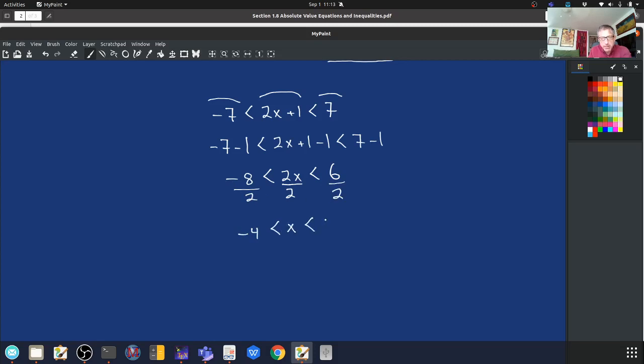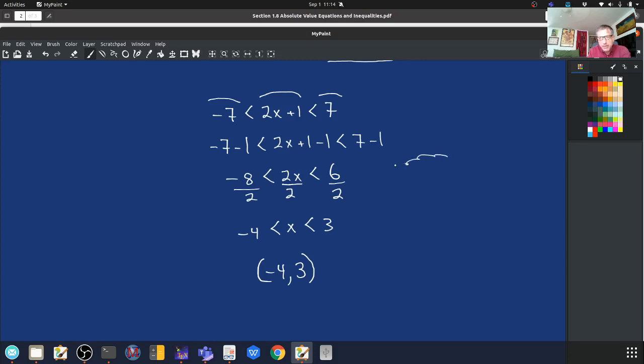And 6 divided by 2 is 3. So I can immediately write this in interval notation. The values of x are greater than minus 4 but don't include minus 4, and less than 3 but do not include 3. What would happen if this were a negative sign?